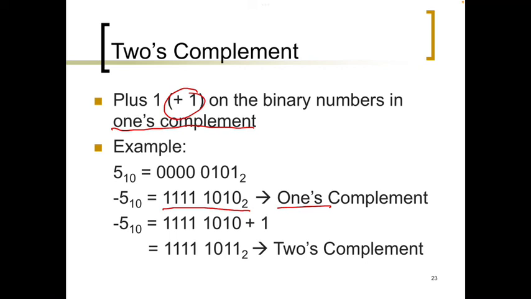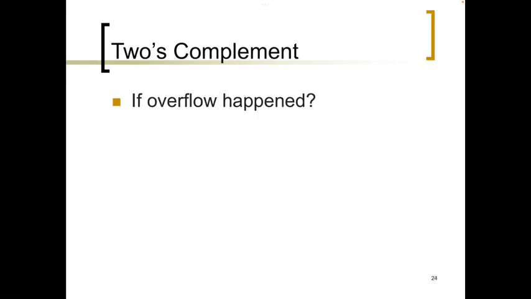As I mentioned before, we have the answer from the 1's complement and then add 1. When we add 1, this is what we call the 2's complement. I hope it is clear. And what happens if overflow happens? Just ignore it. The answer is just to ignore.